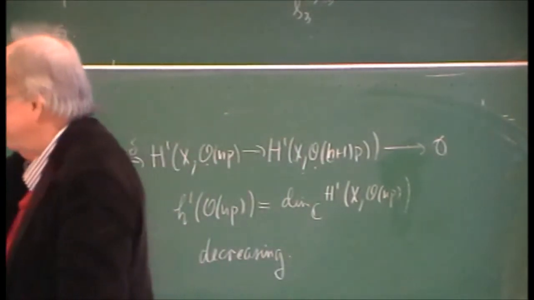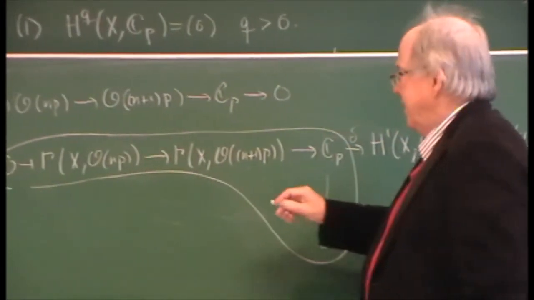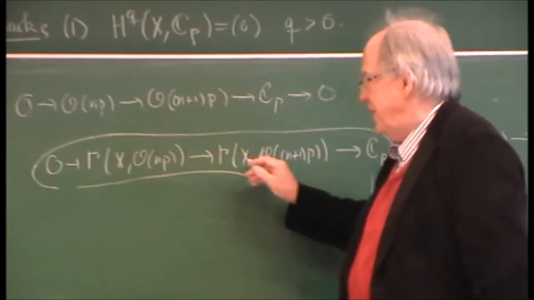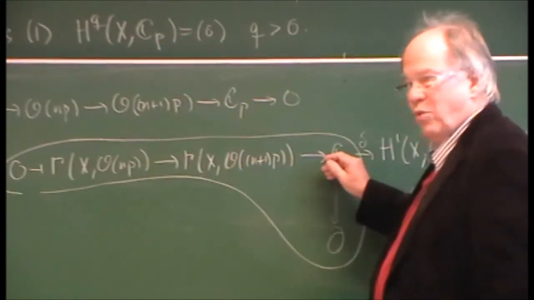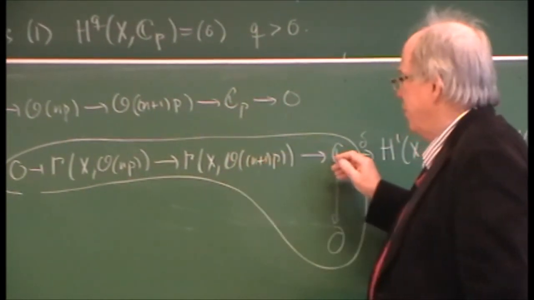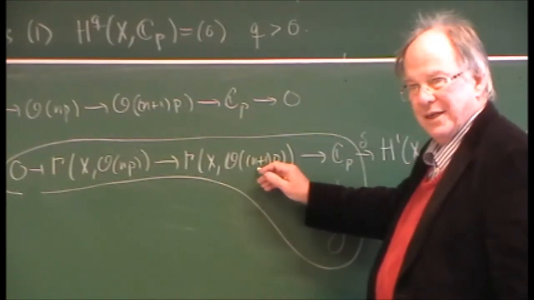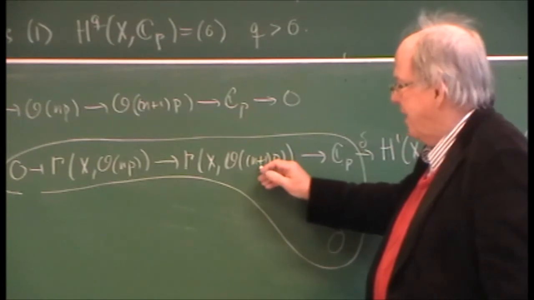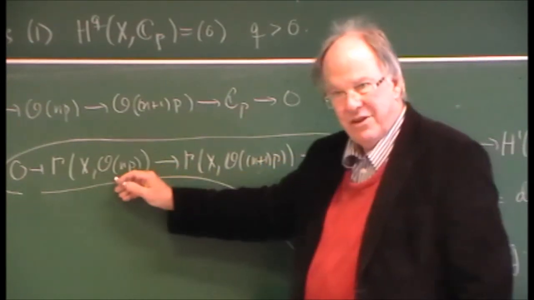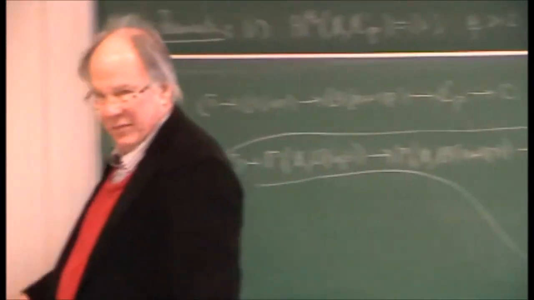Forget all that other stuff. This says that this space embeds in this space in codimension 1. What is this mapping? This is evaluation of that coefficient, the n plus 1 coefficient. This says that this thing has something in it that this doesn't have in it, namely at the n plus 1 order. Well, there it is.